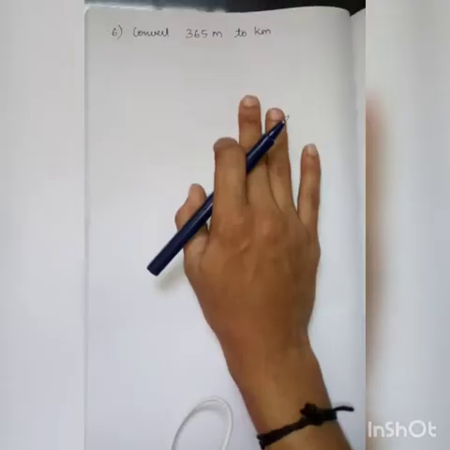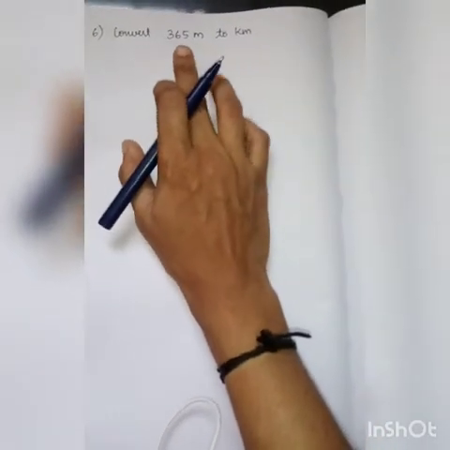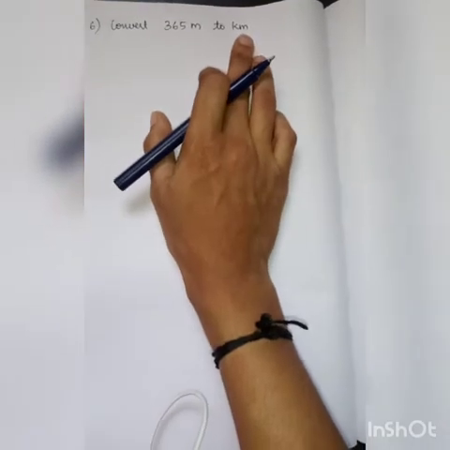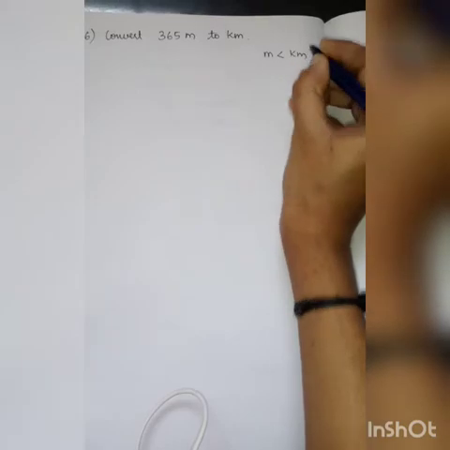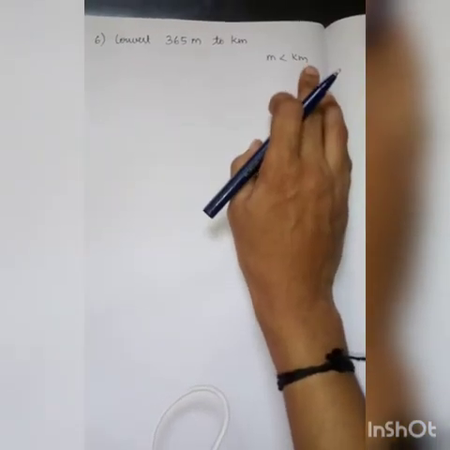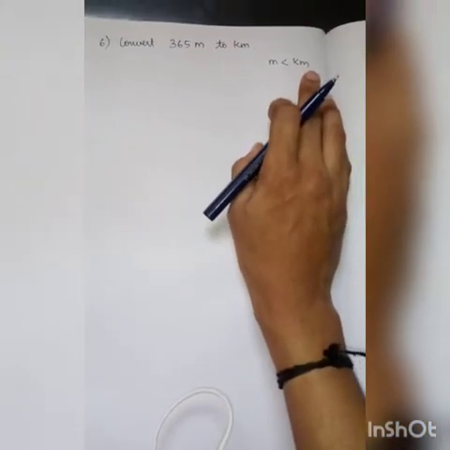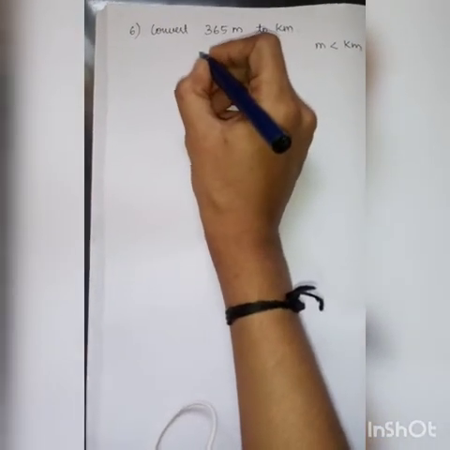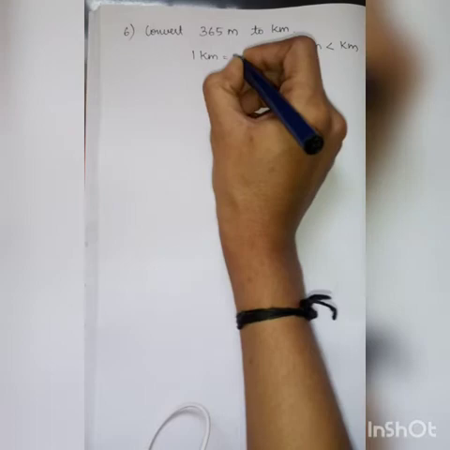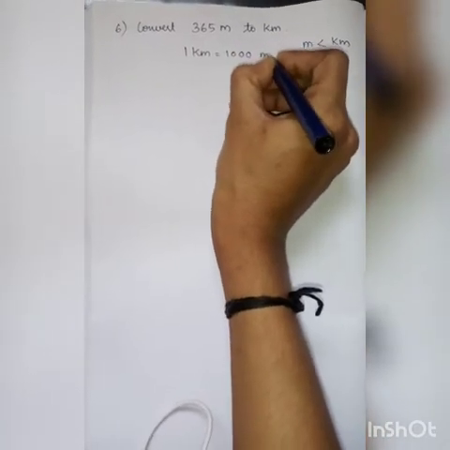Understood? Next problem, convert 365 meter to kilometer. Here meter is less than kilometer, right? So smallest to biggest, what you will do? Division. What is the relation between kilometer and meter? 1 kilometer is equal to 1000 meter.